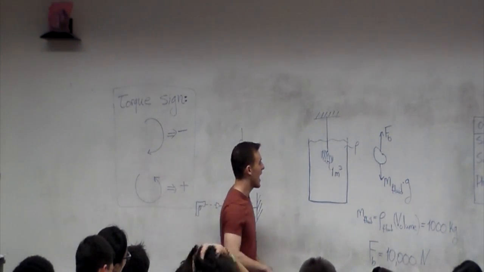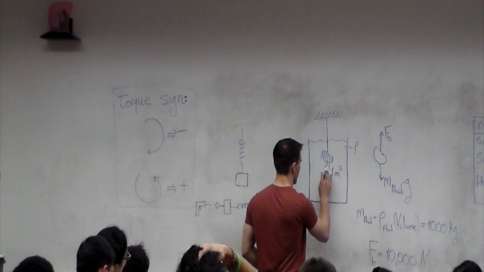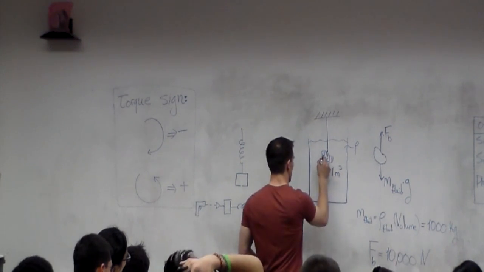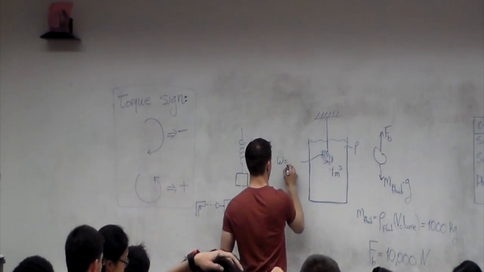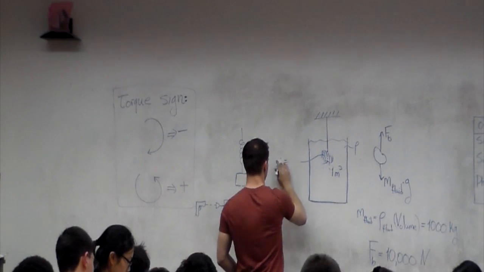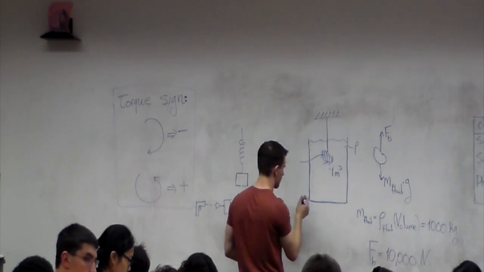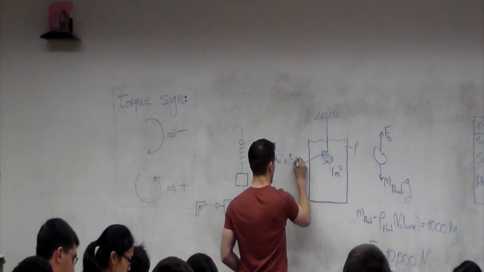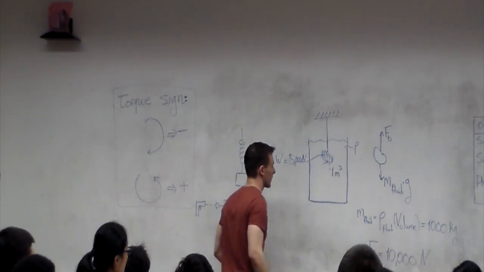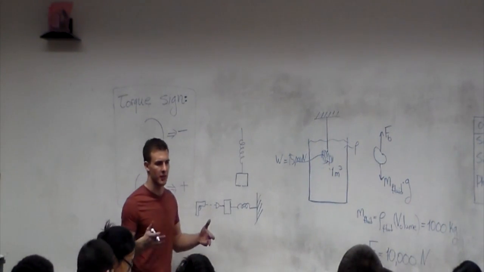Right? So if this had a total weight of, let's just say, weight equals 15,000 newtons. Okay, so it's a big chunk of lead or iron or something like that.